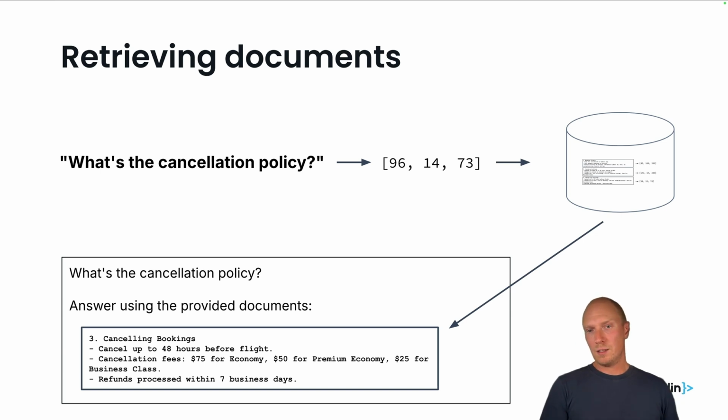We run that text through the same embedding model to get a vector that represents the meaning of that question. We can assume this vector somehow has to do with cancellation. So we go into our vector database and ask, hey, what is the most similar document you have that has something to do with cancellation? And that should hopefully give us the cancellation section of our terms of service.